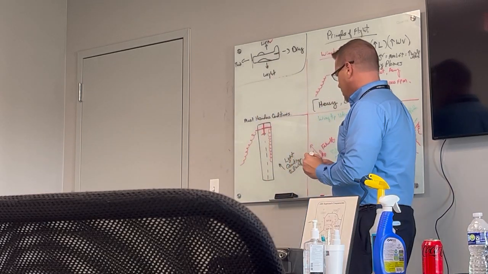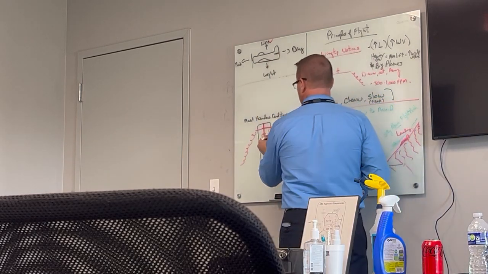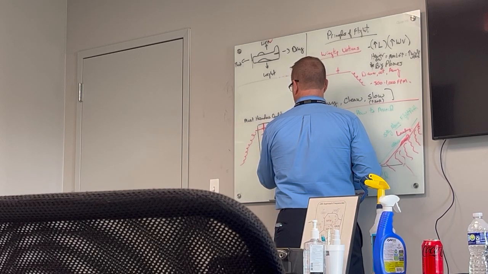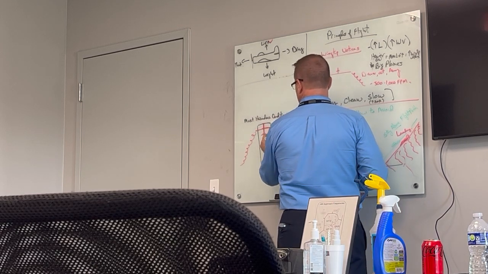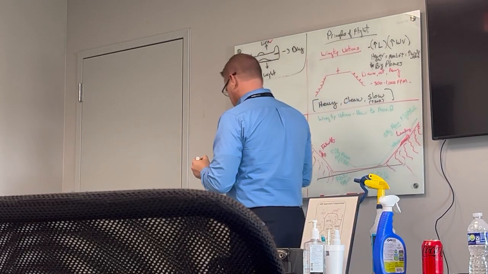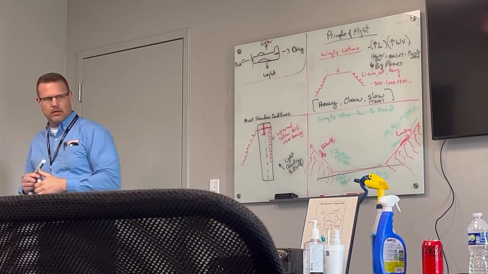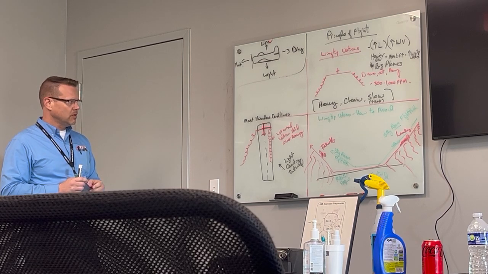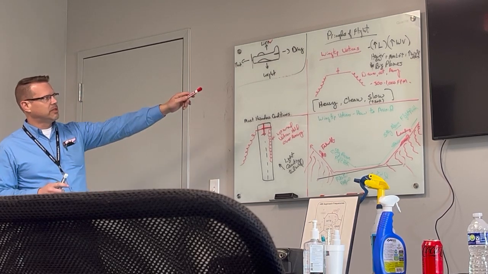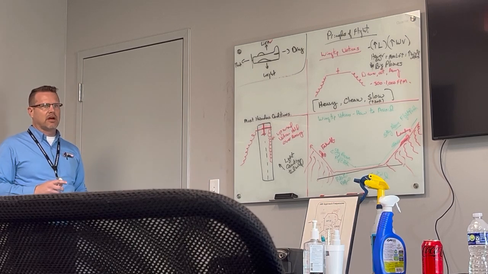Is with a light quartering tailwind. So if we're taking off behind a large jet and we have a light quartering tailwind, what's going to happen is, we said the wingtip vortices like to move down, out, and away from the aircraft.